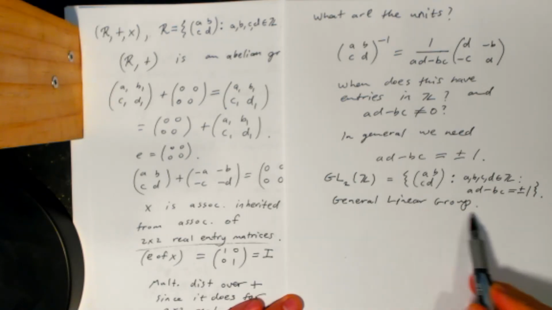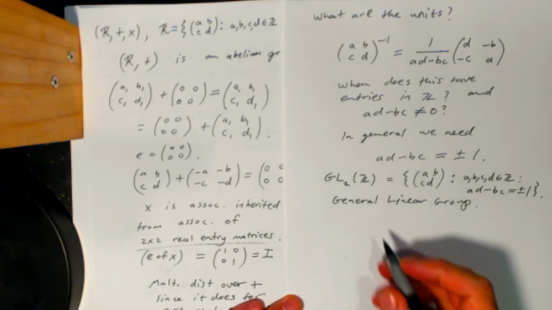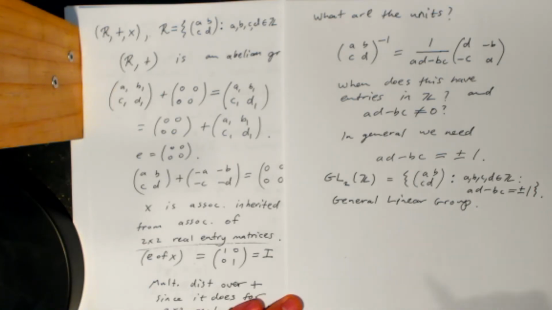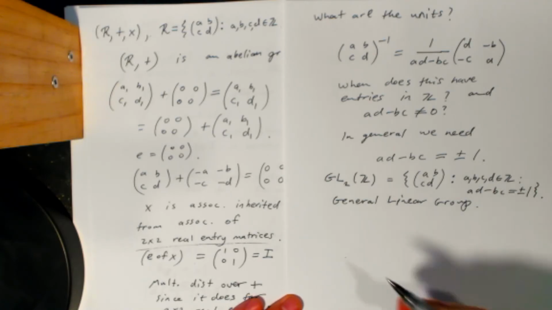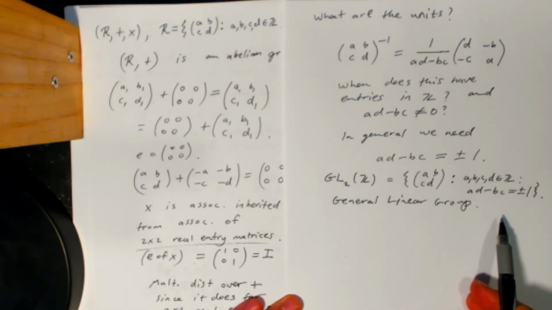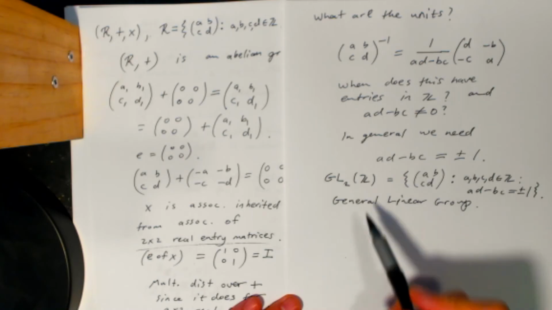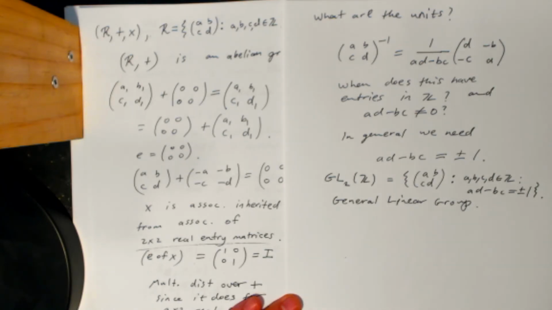Okay, so this group of units, it's a subgroup, or sorry, it's an additive subgroup, but it's a set of all multiplicative elements in that ring, and it's also therefore a subset of that ring.